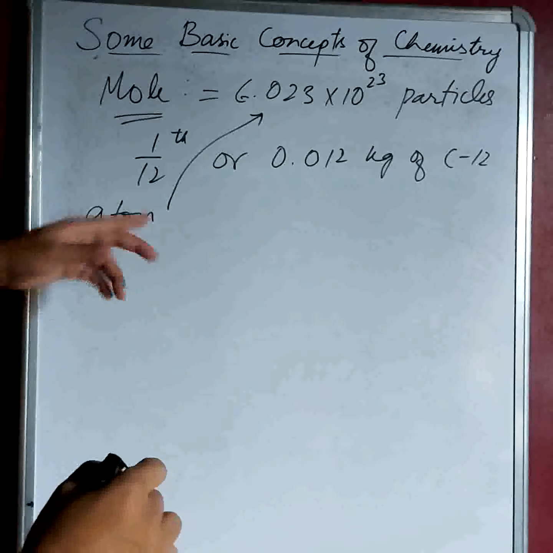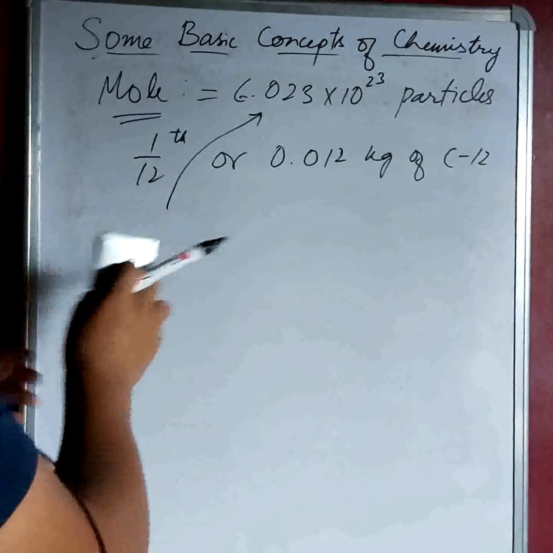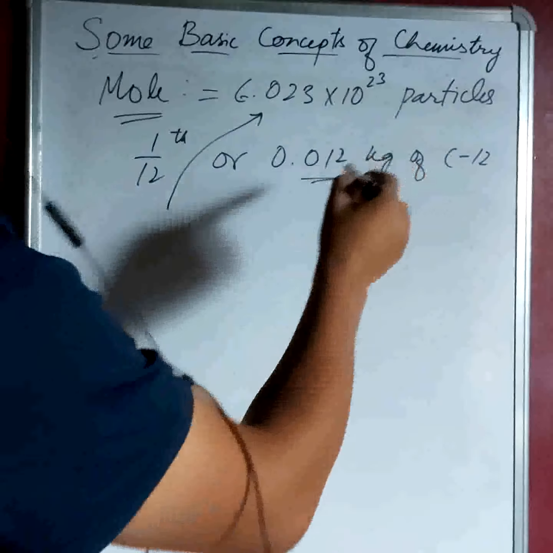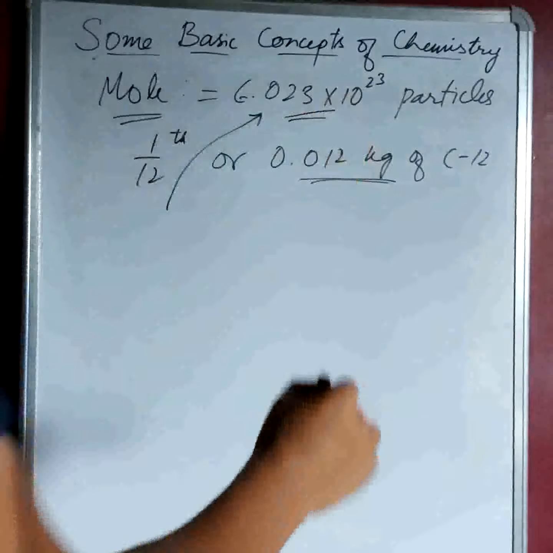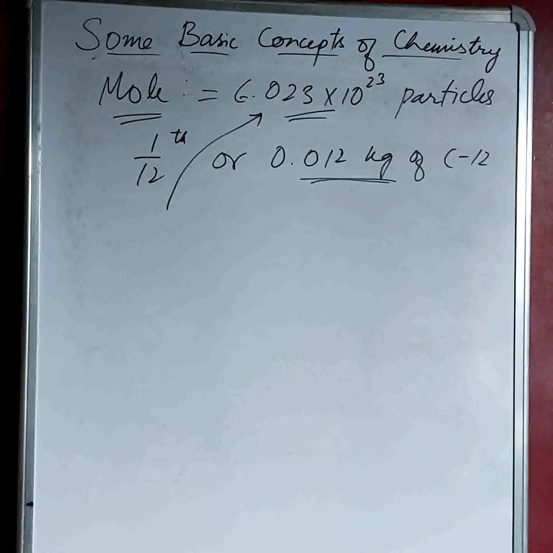Oh, sorry, not atom here. In this 0.012 kg of carbon C12, we have this much atoms. So mole basically is the standard reference for different molecules or atoms or elements.